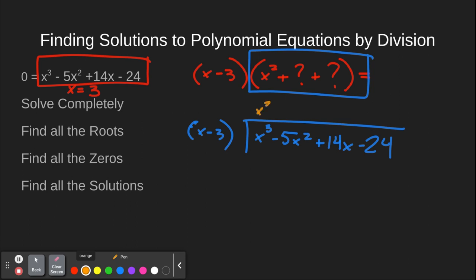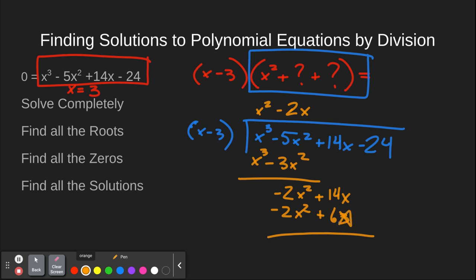So this is an x squared. We got x cubed minus 3x squared. Negative 5 minus negative 3 is negative 2x squared. Bring down my 14x. X goes into this negative 2 times, 2x times. Negative 2x times x, negative 2x times negative 3.